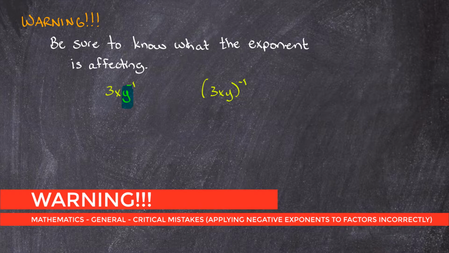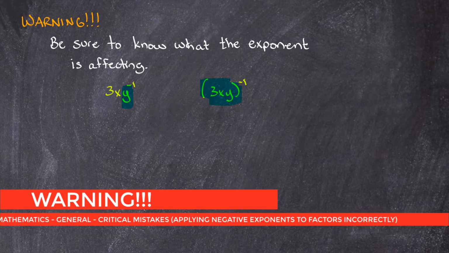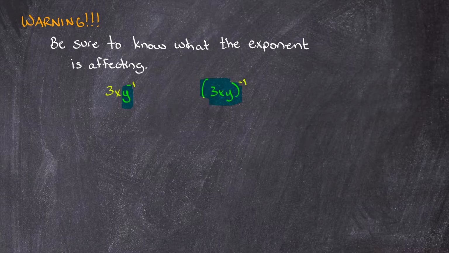The negative first exponent in the second case is affecting everything in that container, which we call a group, because parentheses are grouping symbols. So in that second case, the entire group would flip over, right? It'd be 1 over 3xy. The entire group dropped downstairs. Whereas in the first example, the 3x stays in the numerator. The y is the part that drops to the denominator.